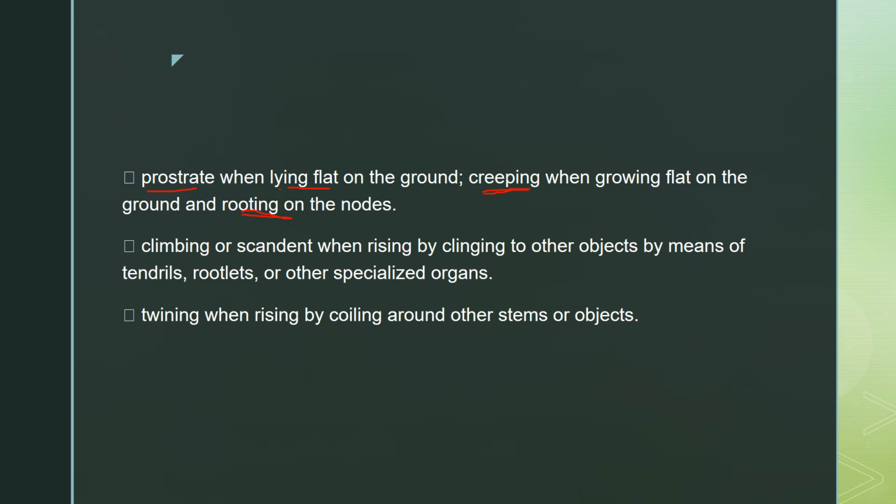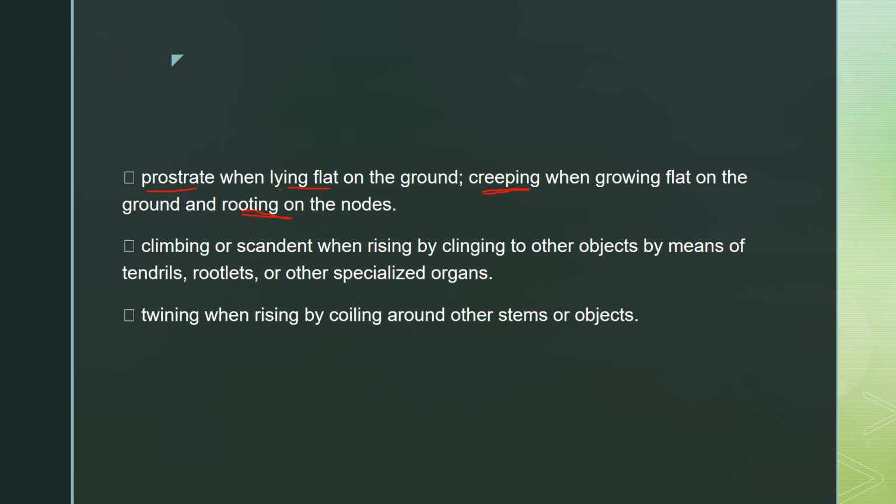Climbing or scandent is when rising by clinging to other objects by means of tendrils, rootlets, or other specialized organs. So this type of stem is a weak stem.